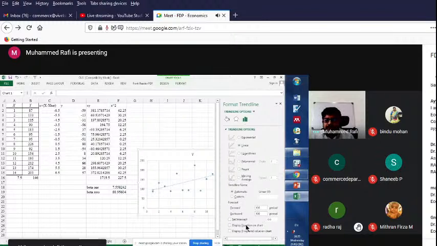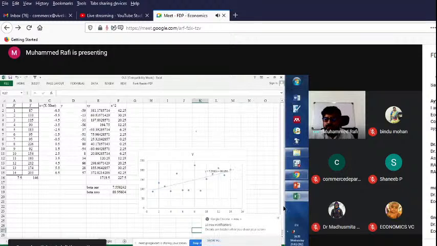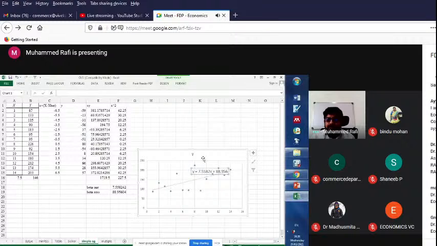And if you want to display this equation so that you get the value of beta 0 cap and beta 1 cap, there is an option, display equation on chart. If you click that, what you get is the regression line. So here you can see the values of beta 0 and beta 1. And this is one way you can calculate the values of beta 0 and beta 1.